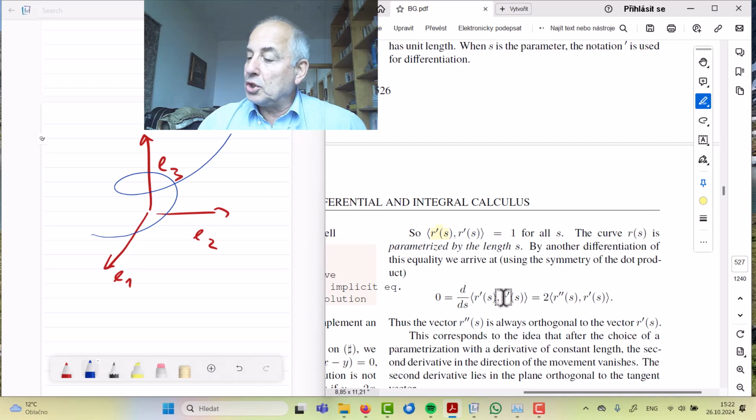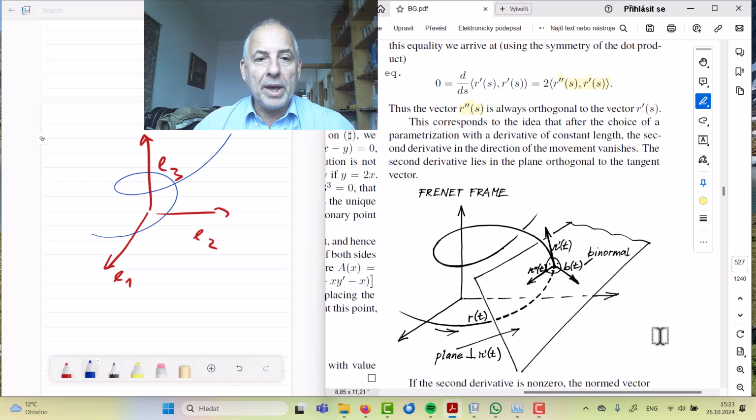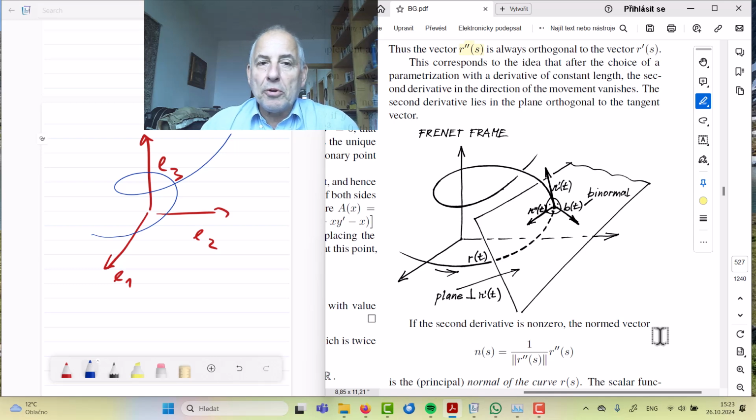But this is twice the same thing, so 0 will be 2 times this. And this shows you that the second derivative, the vector-valued second derivative of our curve, is always perpendicular to the first derivative.